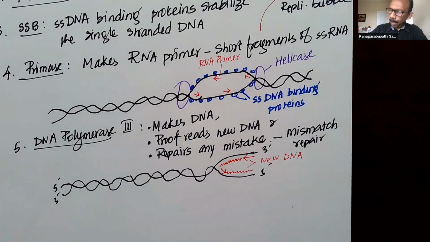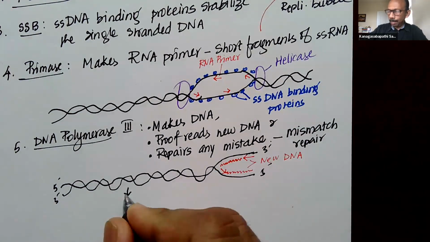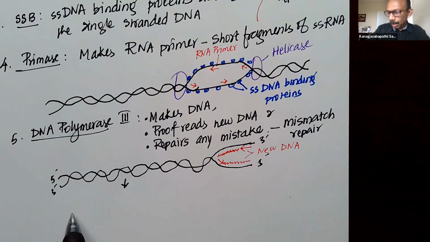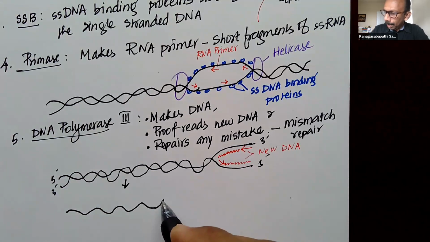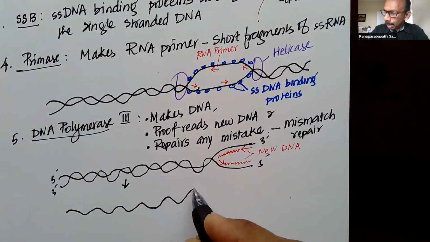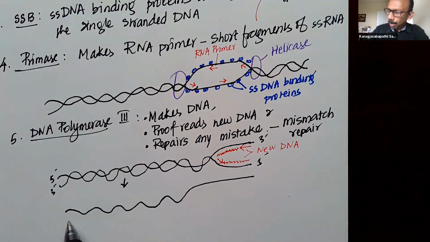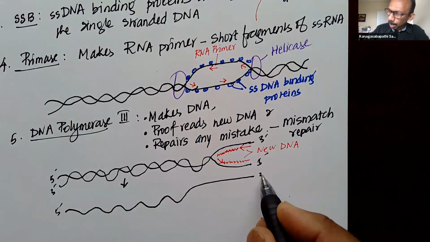So in the next stage, what happens here is the same. I'm going to do this, the 5 prime to 3 prime strand. Now this opens up even more. That's a 5 prime to 3 prime.